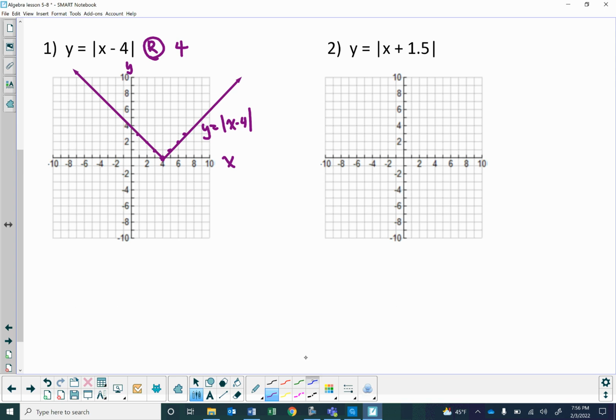Number 2 here, this one's going to go left 1.5 units. So instead of being at 0, 0, I'm going to go to left 1.5 units. So then I'm going to go up 1, right 1. Be careful because you have to be in the middle of things. Up 1, right 1, up 1, right 1, up 1, left 1, up 1, left 1, up 1, left 1.